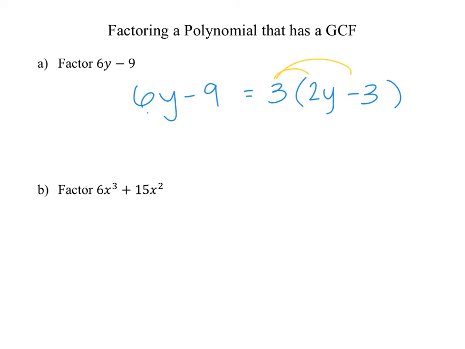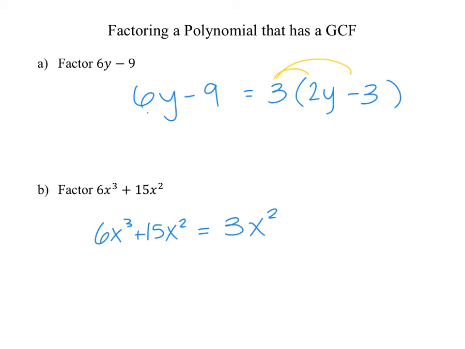Looking at letter B, 6x cubed plus 15x squared. I know the greatest common factor, okay, 6 and 15. They're both divisible by 3. They also are both divisible by x squared. They both have at least 2 x's, right?